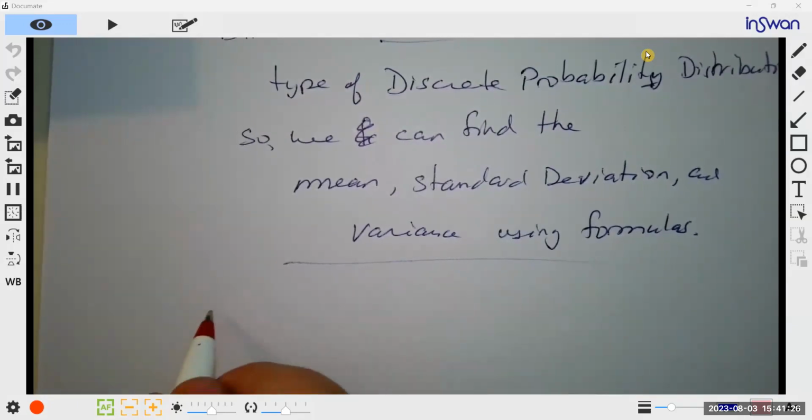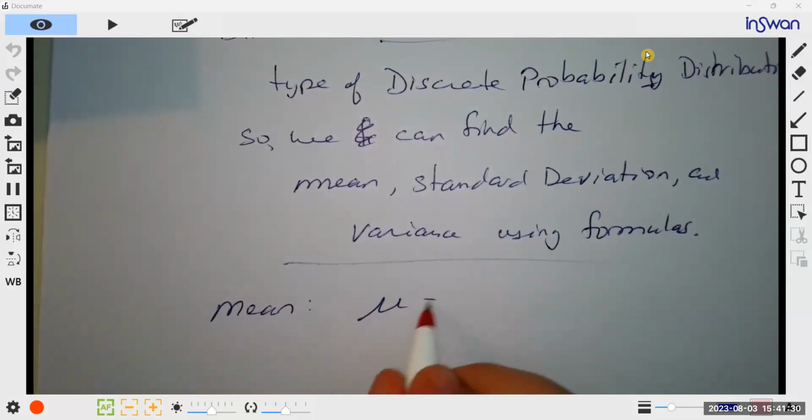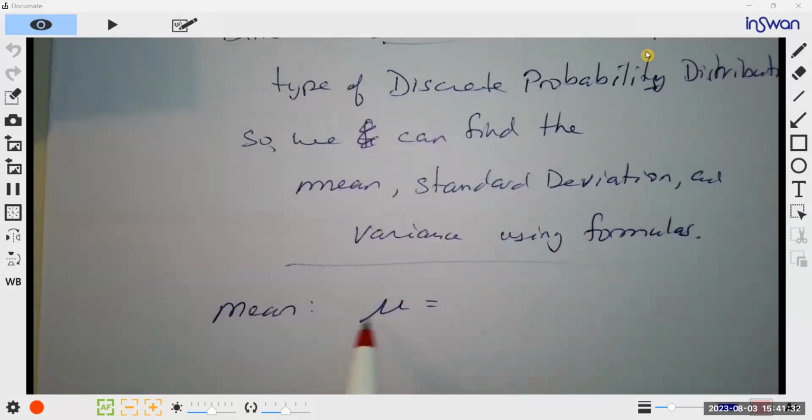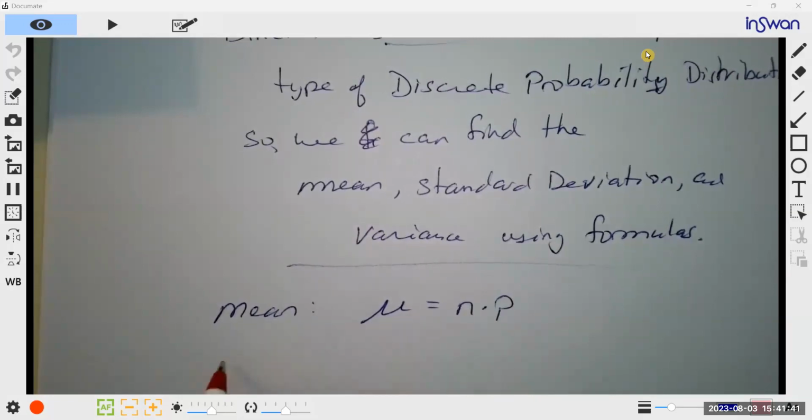Since it's discrete and we're looking at the population, the mean is n times p, the number of elements you're looking at in total, times the probability of success.